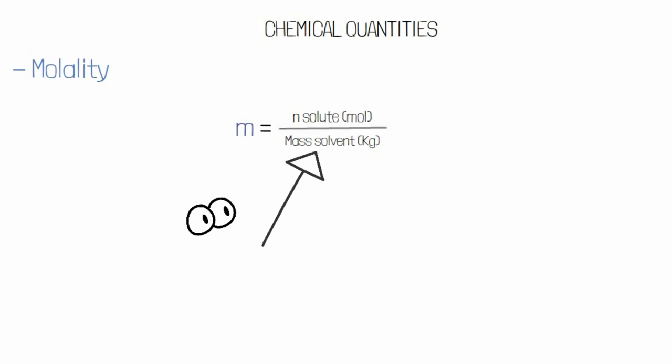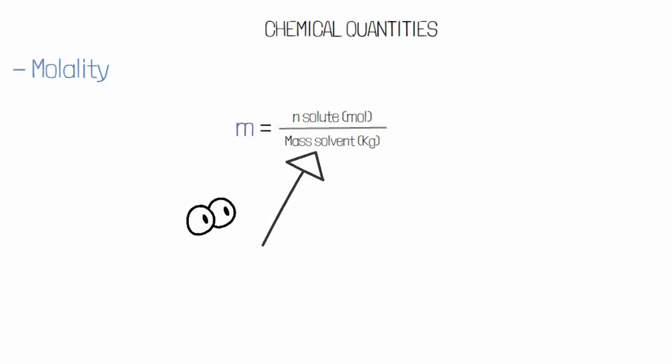Keep in mind that for molality you have to remember the unit of measurement, because on the bottom you will have to put kilograms, okay? So kilograms, not grams, not milligrams, please, kilograms. Mole on the top and kilograms down, please. So let's do an example to understand molality better.